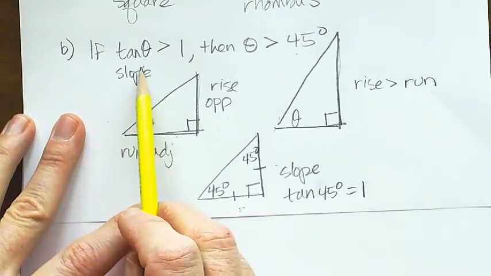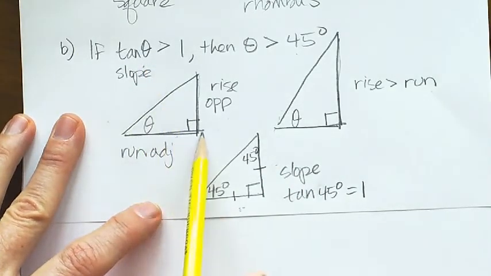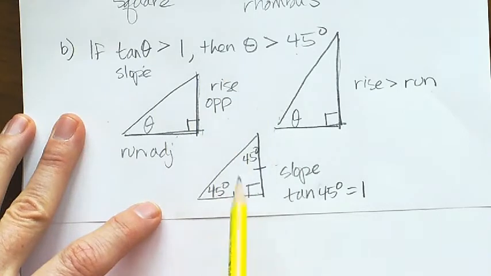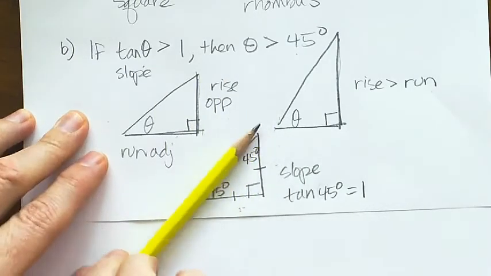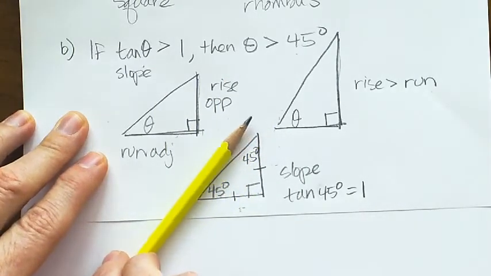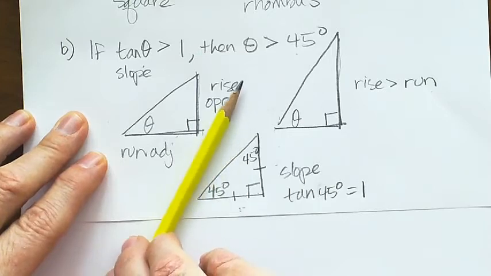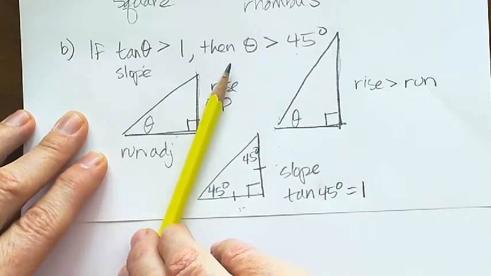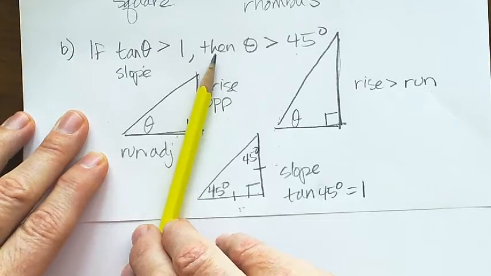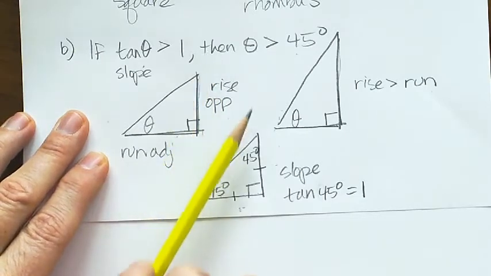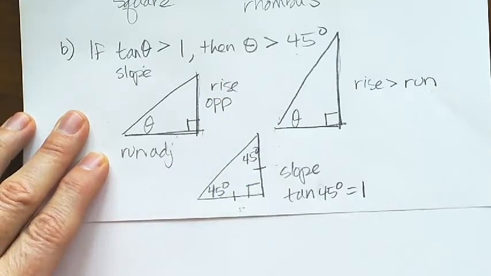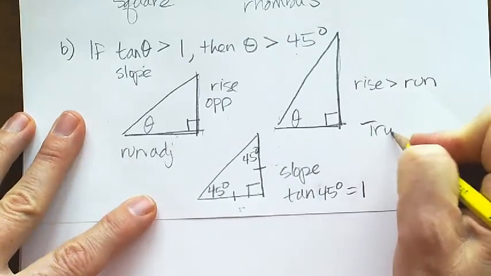So yes, this is a true statement. If the slope is bigger than 1, then the angle must be bigger than 45 degrees, because as this gets bigger, the slope is just going to get steeper and steeper, and the angle is going to get bigger than 45 degrees. So that is a true statement.